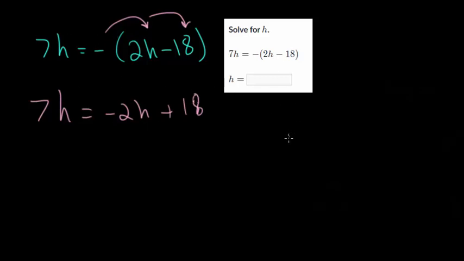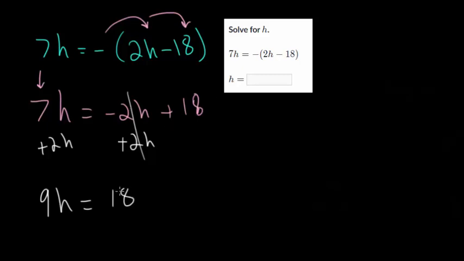And now we have an equation with variables on both sides. We want to move them to the side with more, just to avoid negative numbers. And to cancel out this minus 2h, we will add 2h on each side. So there we get that 9h, this is 0, equals 18.